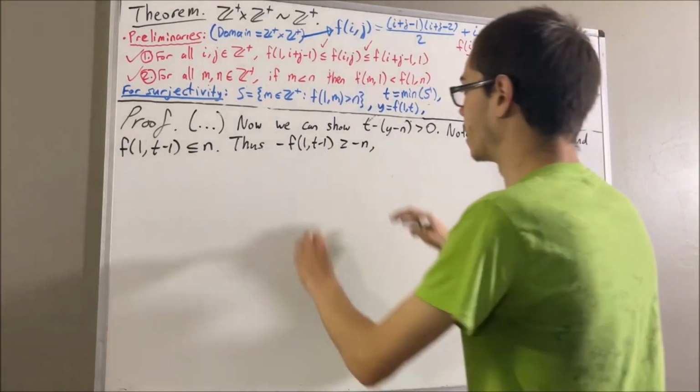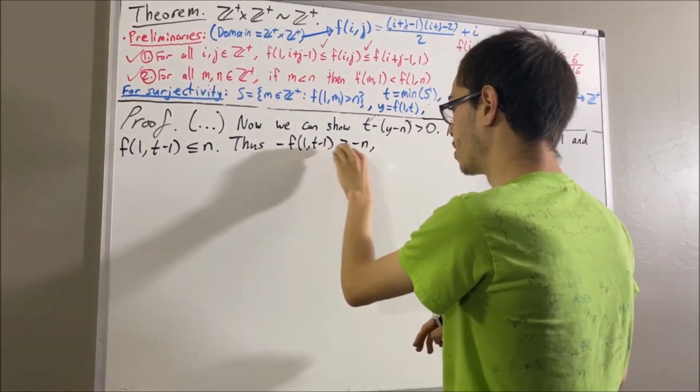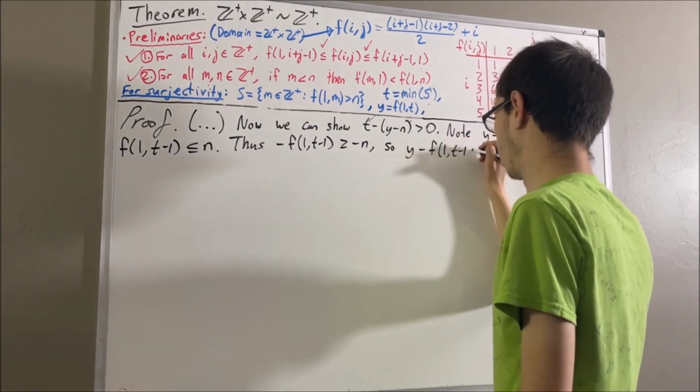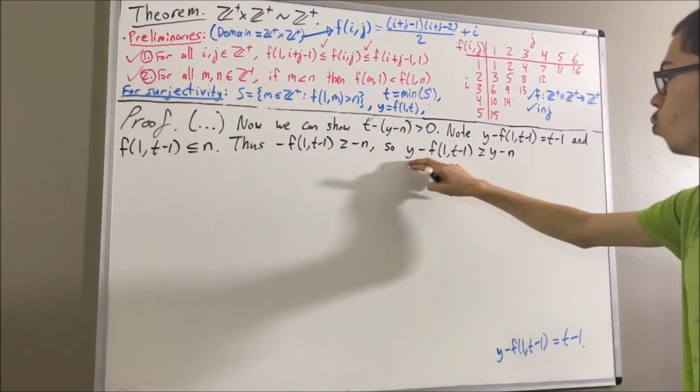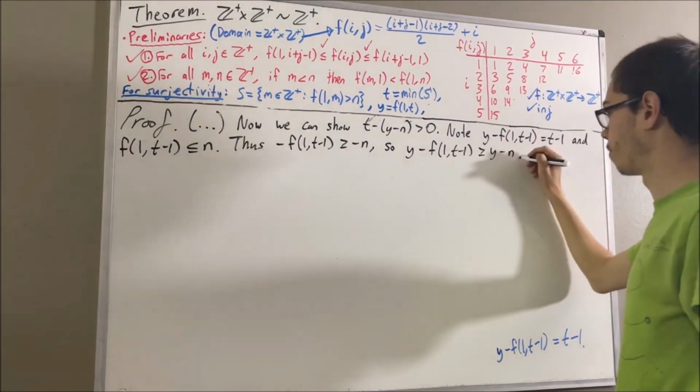And then, adding y on both sides of this inequality, we have that y minus this is greater than or equal to y minus n. However, y minus f of 1 comma t minus 1 is equal to t minus 1.